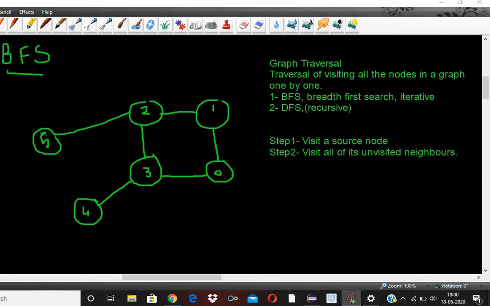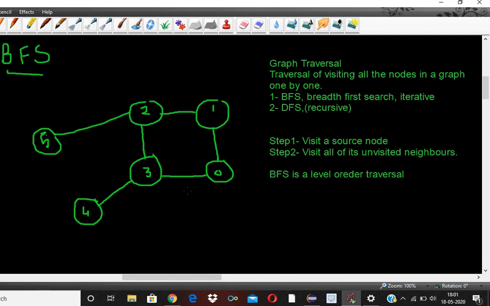One more thing, BFS is a level order traversal. What do I mean by level order traversal? Suppose this graph, in which we have vertices from 0 to 5, so 6 vertices.